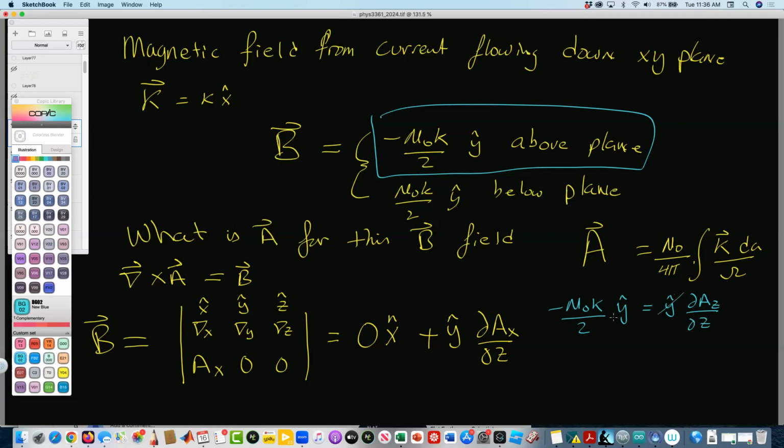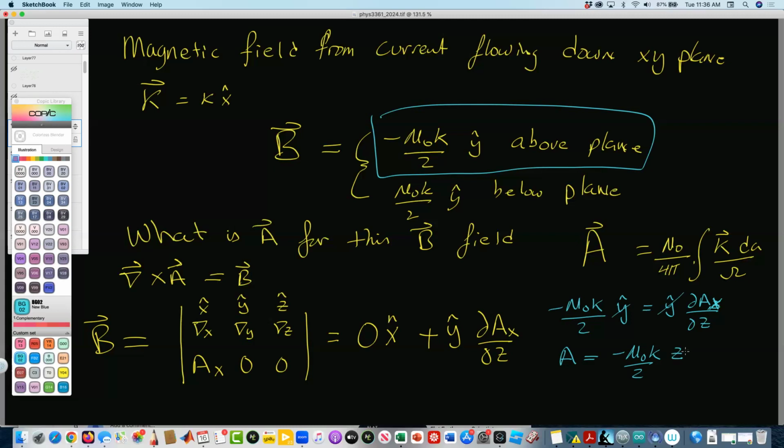Okay, so those y hats can go away. And so this gives me A is equal to negative mu 0 K over 2 Z, right? If I integrate it.